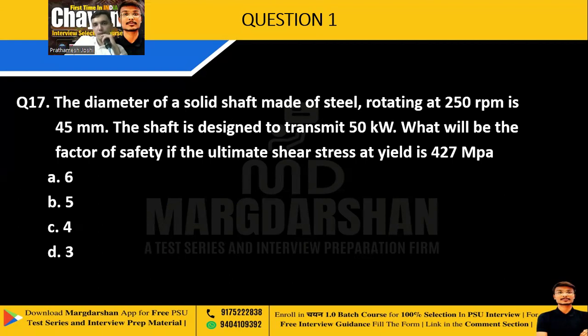RPM we know, power we know. Now see, I will give one working algorithm here, okay? First find the maximum torque. Then from this, we'll find the tau max, the maximum shear stress.